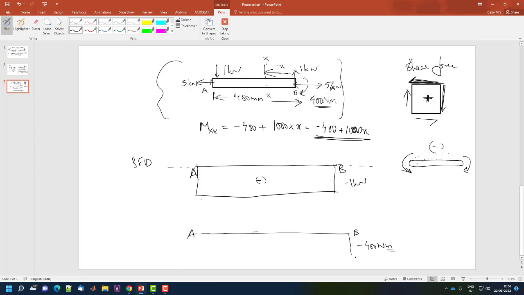So how is it going to be? Minus 400 plus 1000 x. So it is going to be linearly varying. Doesn't look linear, but it is linear. Since I'm very bad at drawing, let me just make it much easier for you.